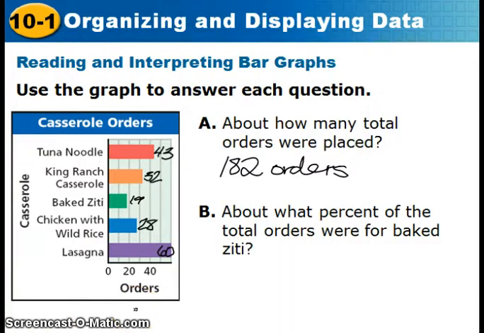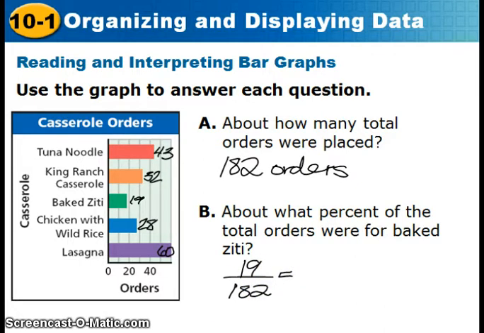Now if you wanted to know about what percent of the total orders were for baked ziti, we'd have to make a ratio. So we'd put the number of baked ziti orders on top, so that's 19, and we divide that by the total orders, which is 182. And we can do that on our calculator as well.